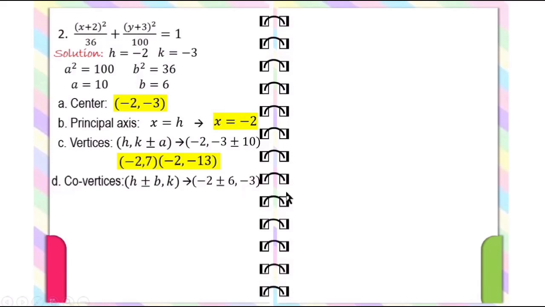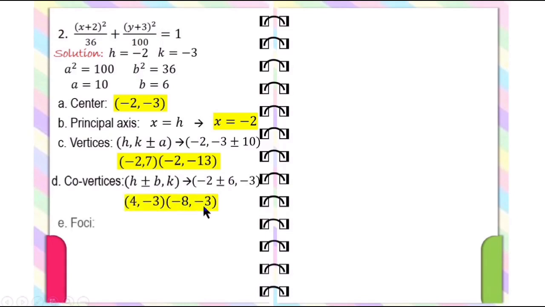So we have -2 plus 6, -3, and -2 minus 6, -3. Therefore, the co-vertices are 4, -3. -2 plus 6 is 4, copy -3. And -8, -3. -2 minus 6 is -8 and copy -3.